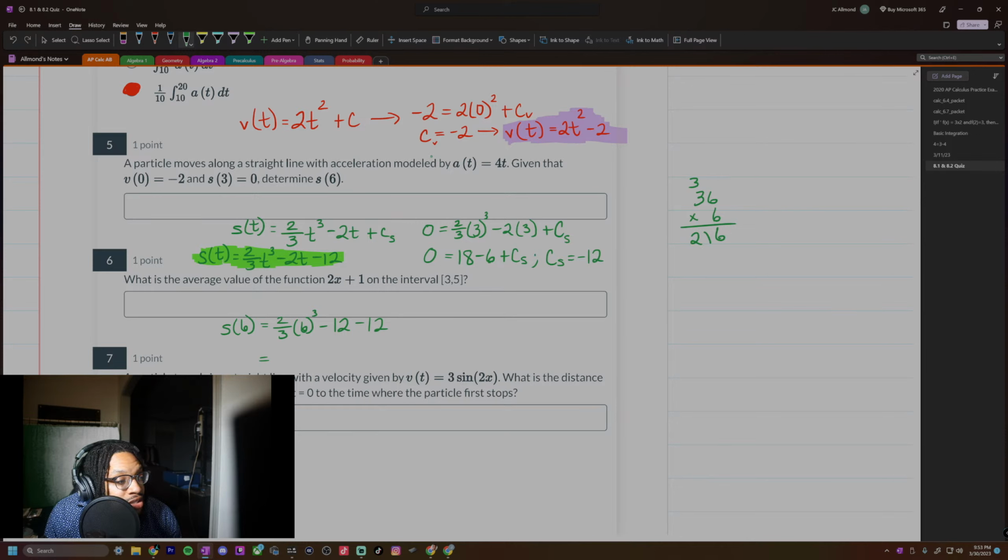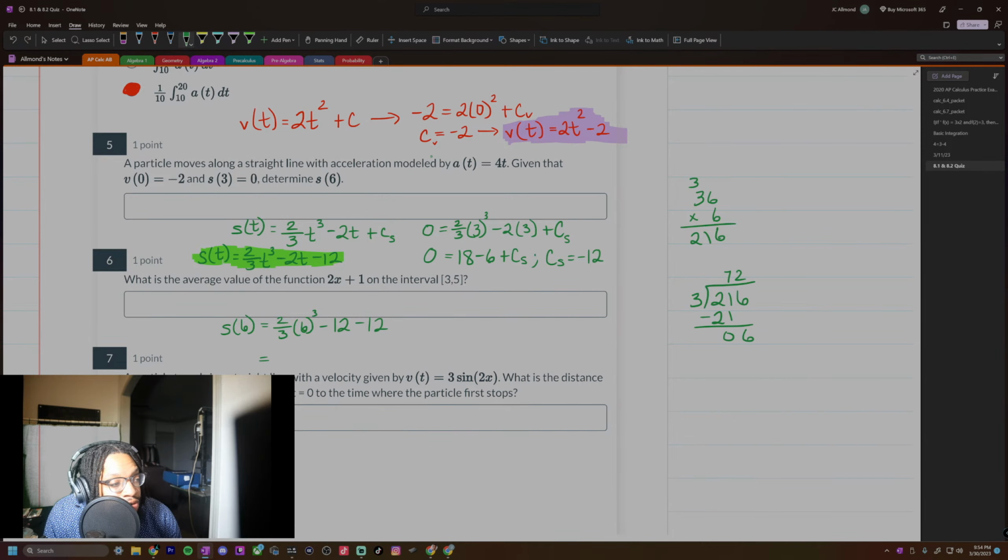So 216. I'm going to go 216 over 3, and then I'm going to double it. Assuming 3 goes into 216. 3 goes into 21 seven times. That's 0. Bring down the 6. 3 goes into 6 twice. So 72 times 2 is going to be 144.